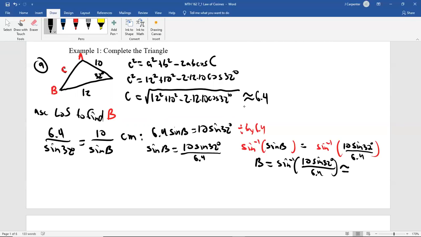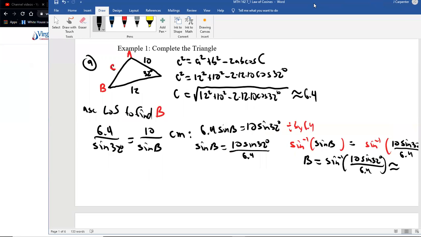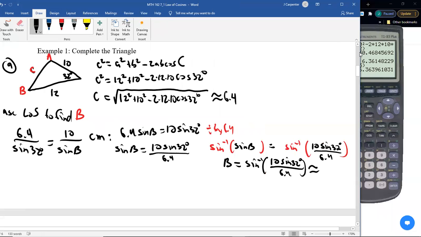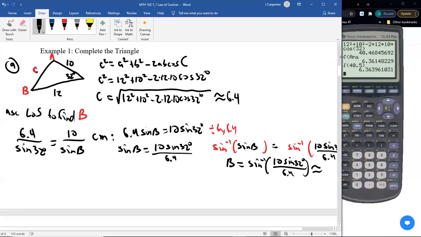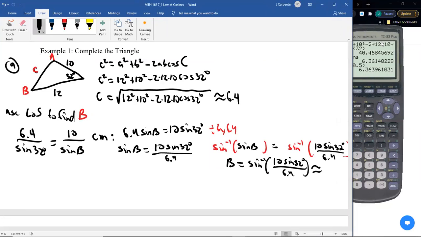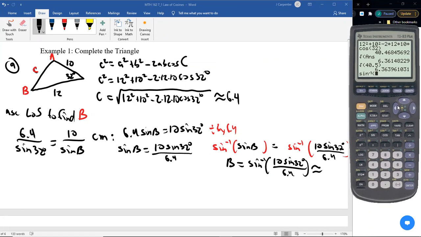which when we round to the nearest tenth, let me do this. Here we go. Inverse sine 10, then the sine of 32 and close it, divided by 6.4 and close it.